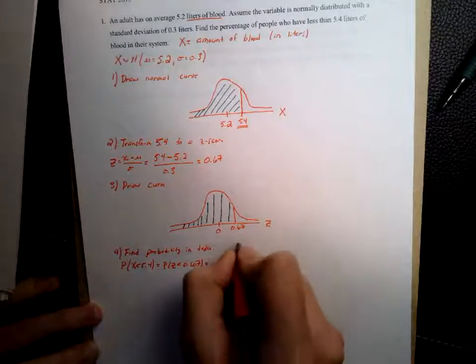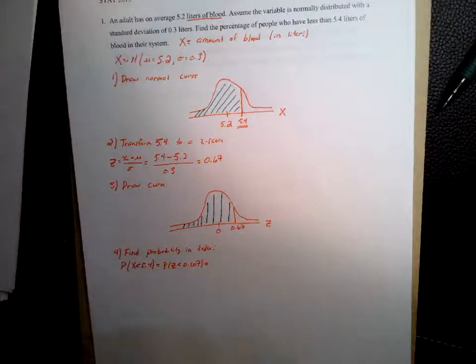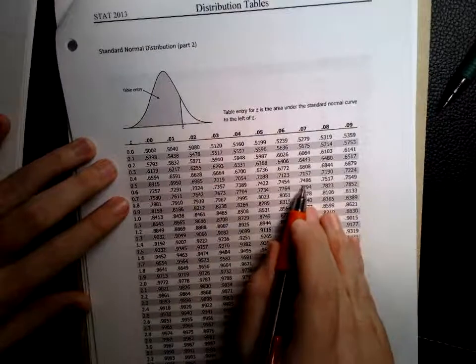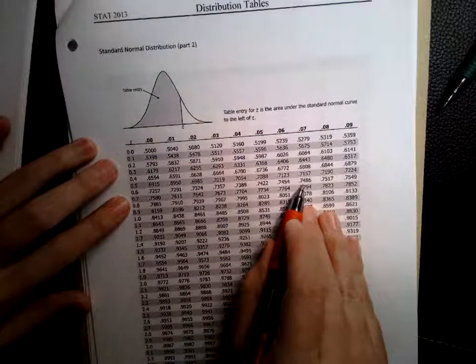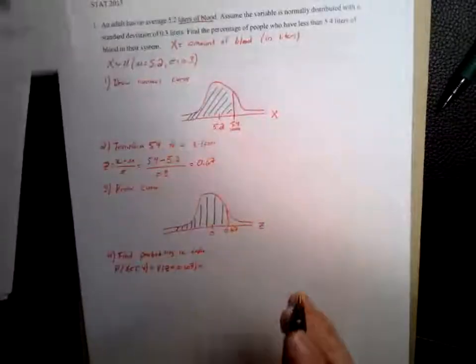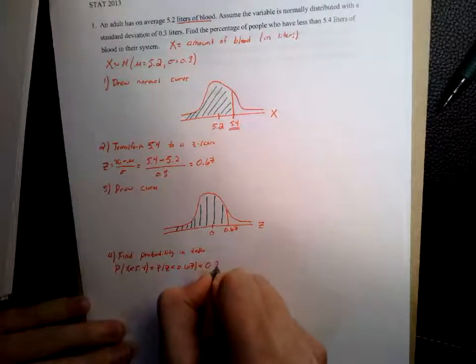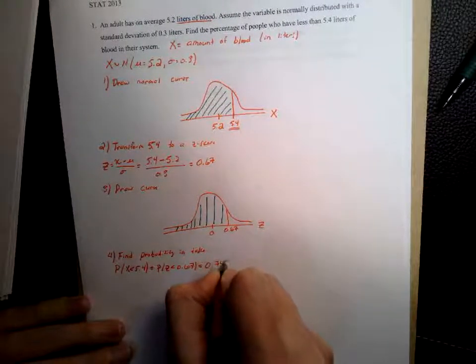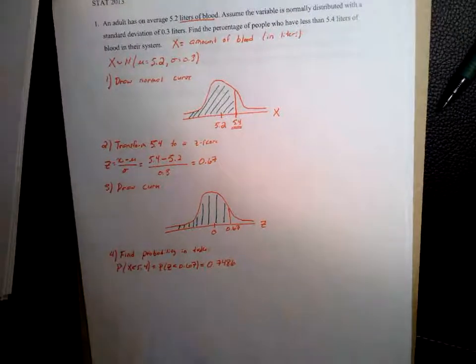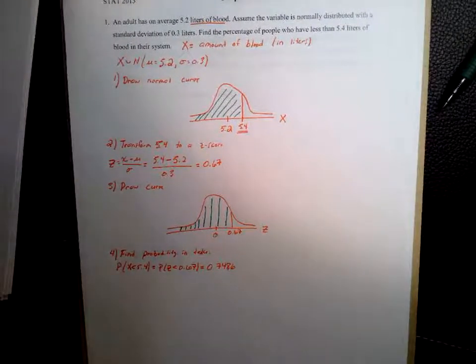And then if I look this up in the standard normal distribution table, let's do that real quick. So 0.67, that is 0.7486. So that area is 0.7486. And that is how you will solve just one of these problems.